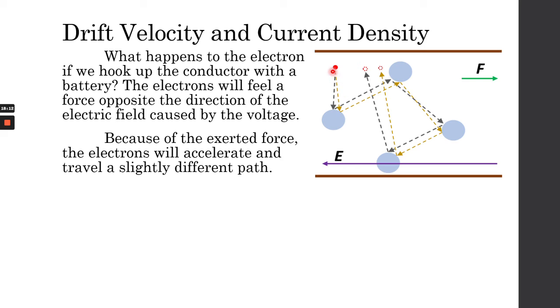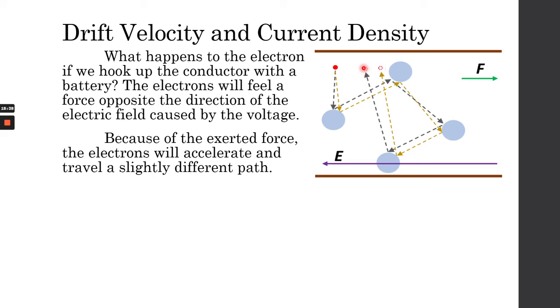And you can see it here with our little goldish color arrows. So instead of moving here, our electron would move a little more to the right and bounce here, and you can see it's a little more to the right as well. And in the end, after it keeps moving, ultimately it's in a different position.